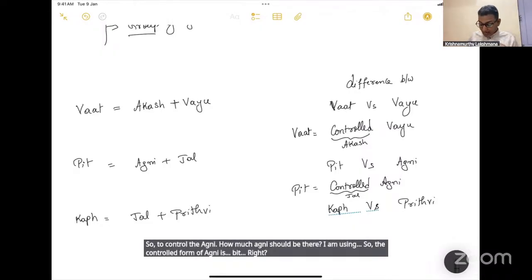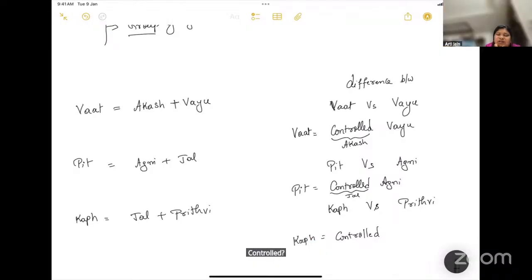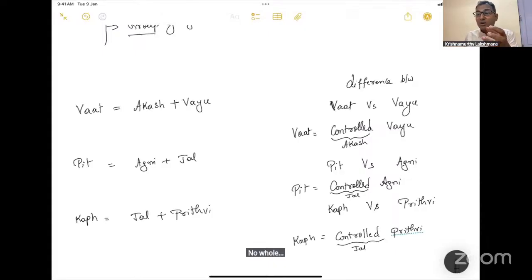And similarly, Kaph is controlled Jal, controlled Prithvi. Prithvi is controlled by Jal. Now how soft or how hard your wheat dough, that is roti dough, should be is managed by what?